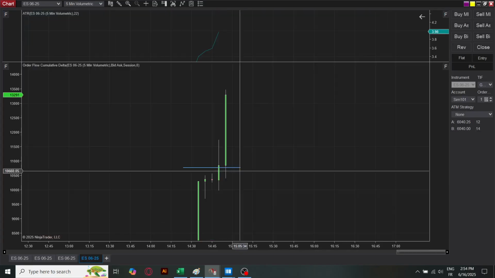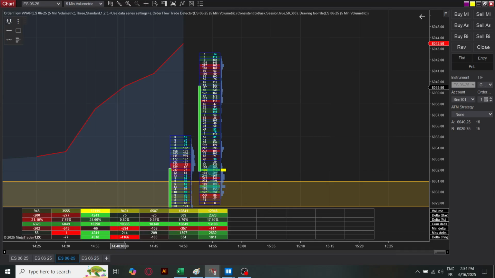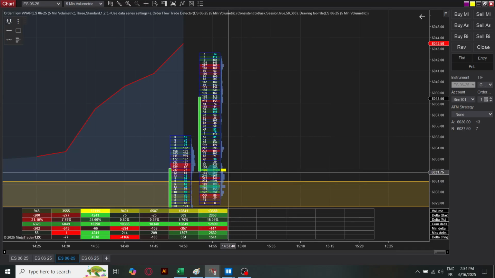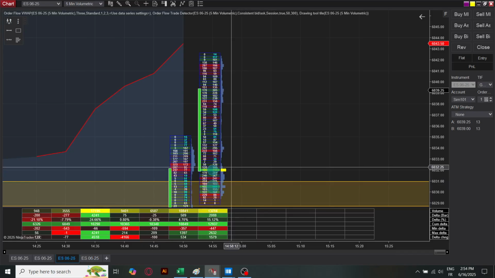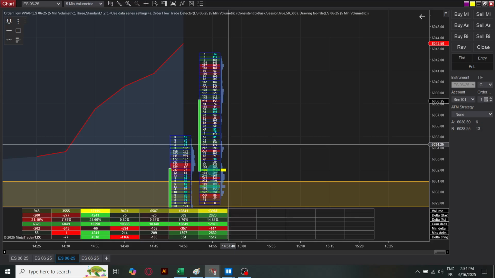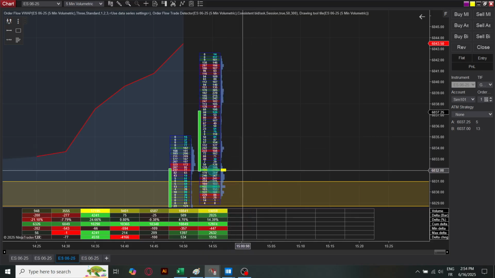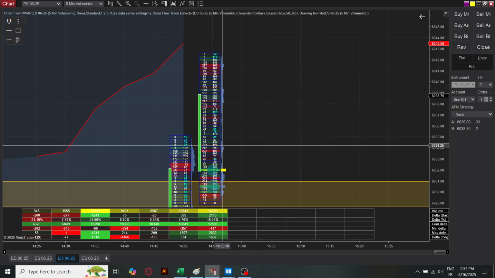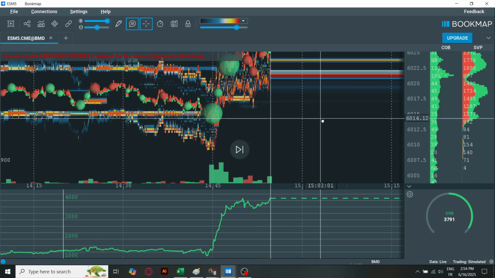We have a strong breakout here. So what I will do, you see those 2 big orders, those are my entry. I will wait for the close, of course. I'm not going right now because price can still be absorbed at this level.